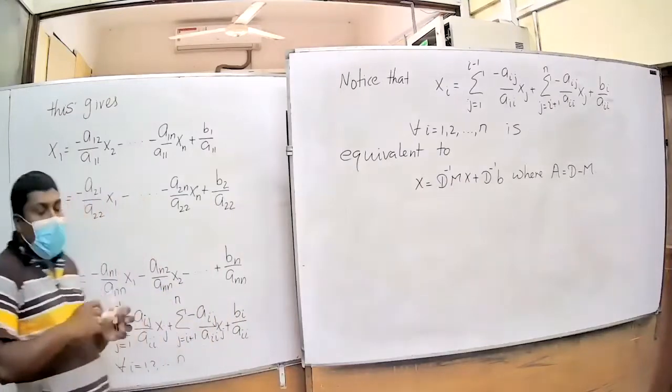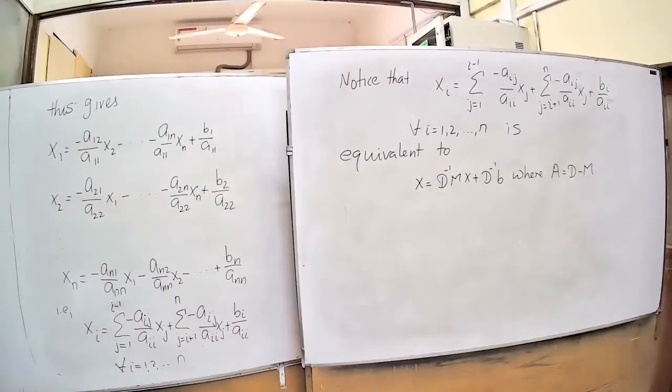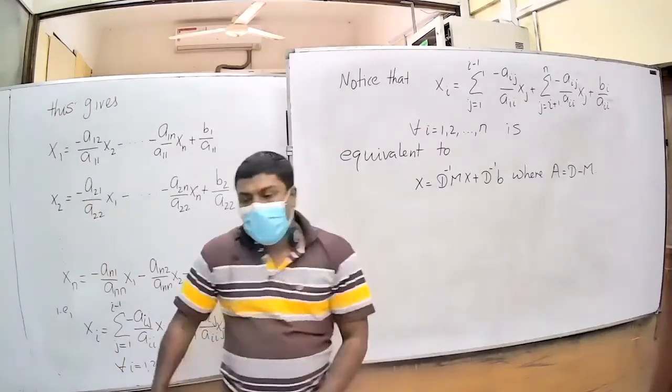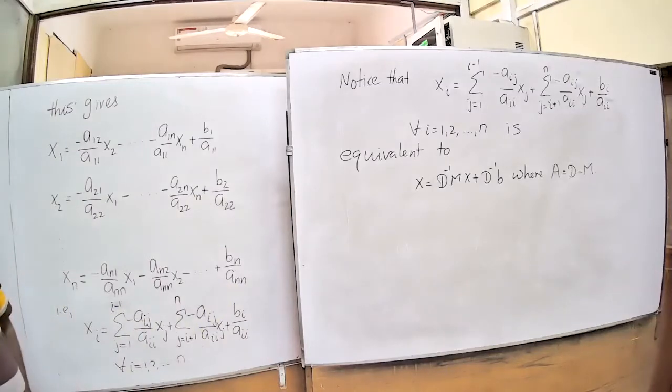Now by looking at these two equations, you can see that the element-wise representation, xi is equal to the summation of j running from 1 to n, j not equal to i, of minus aij over aii xj plus bi over aii, is equivalent to the matrix notation x is equal to D inverse M x plus D inverse b, where A is equal to D minus M. So that is equivalent.